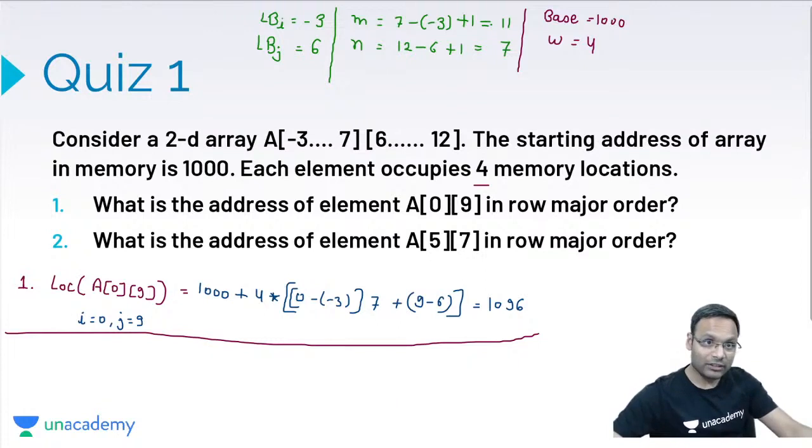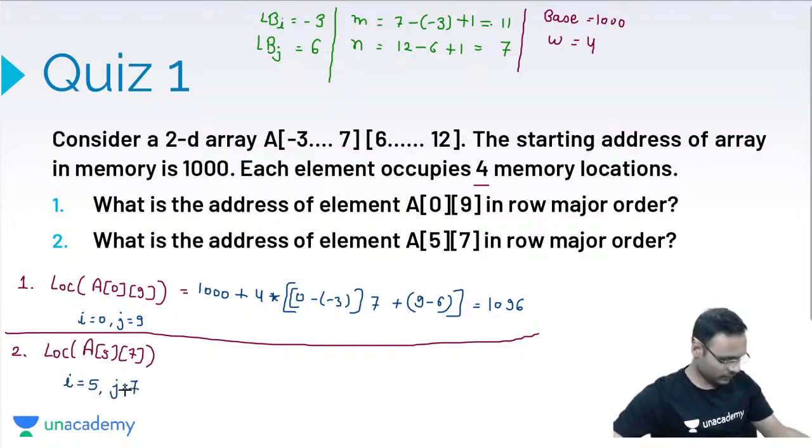The second one says you need to find out the location of A of 5, 7, in row major order only. So the I value is 5, the J value is 7. Apply the formula, get the answer.